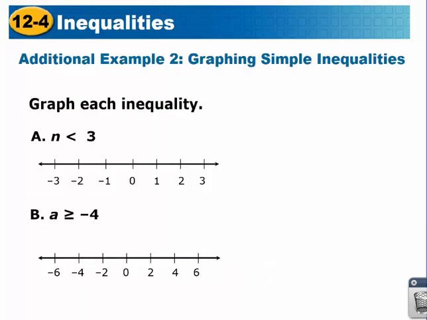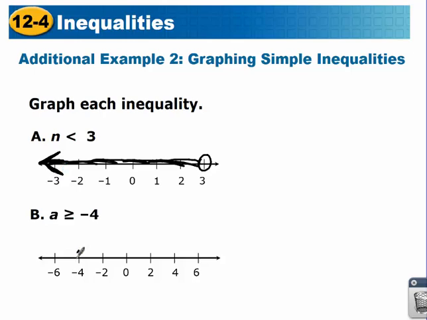So here's a couple. This first one says n is less than 3. So that means I go to 3 and I put an open circle on 3 because it says less than 3, but it doesn't include 3. And I need all values less than 3. So I shade to the left because all the values to the left of 3 are less than 3. For B, A is greater than or equal to -4.